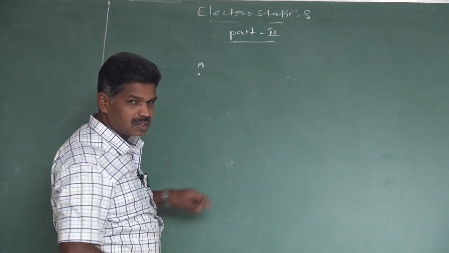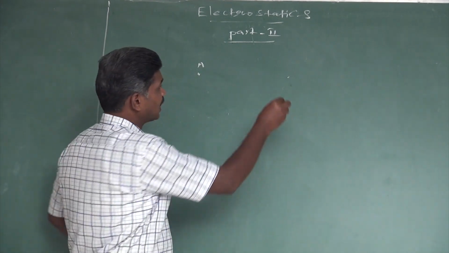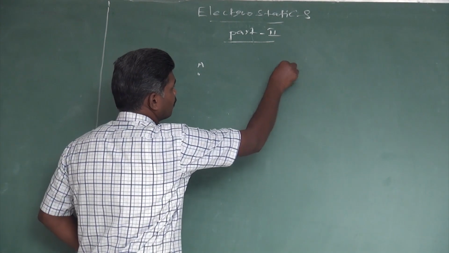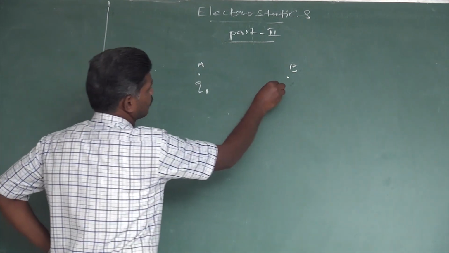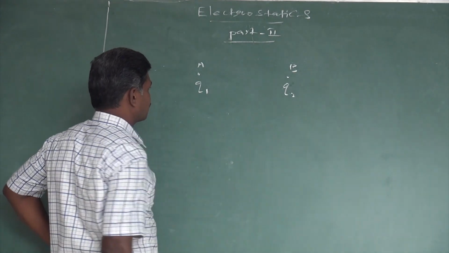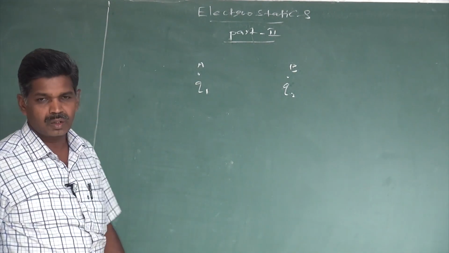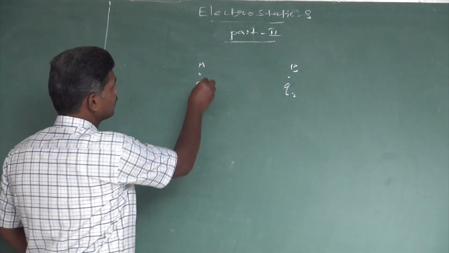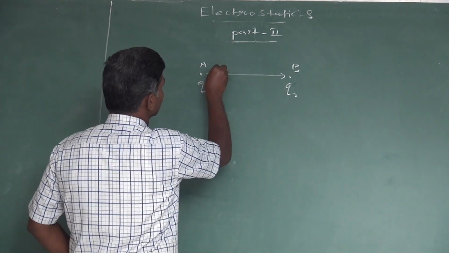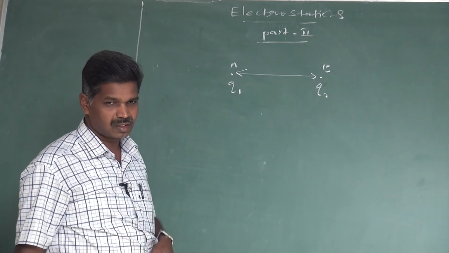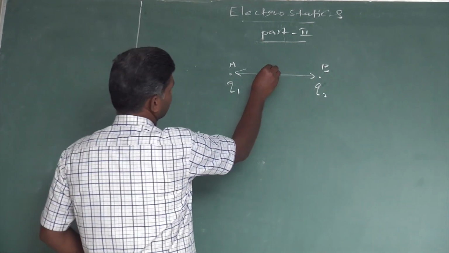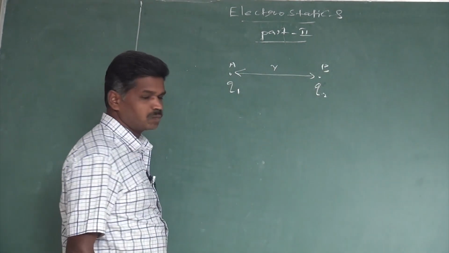One point may be represented as A, the second point as B. Now we place the two charges Q1 and Q2 at a certain distance, not in contact. That distance may be represented as R.